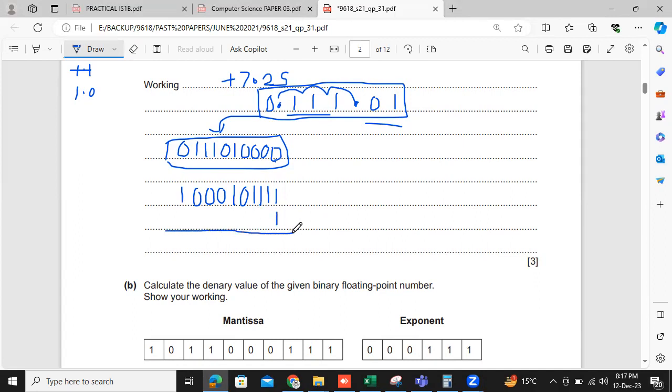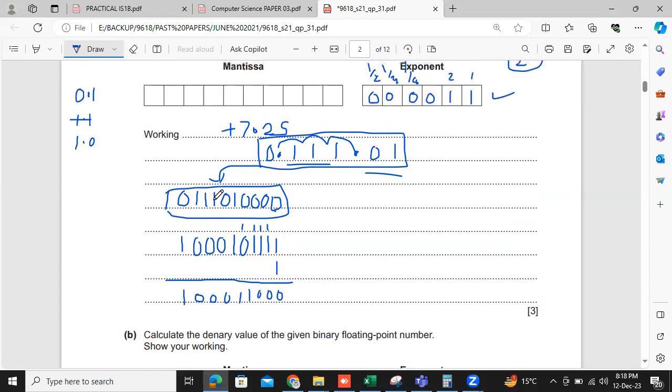So 1 plus 1 is 0, carry forward; again 1 plus 1 is 0, carry forward, and so on. I get 1 here, 1 here, and then 0, 0, 0, and 1. So this is what I get.